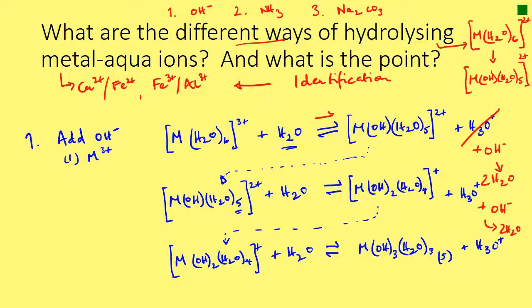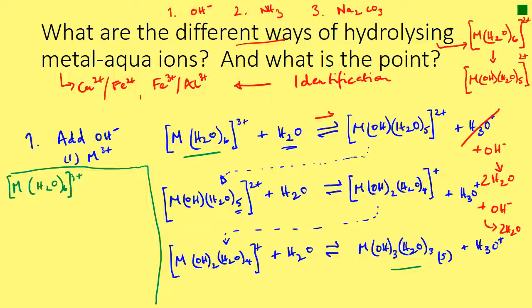And what I will do quickly is the overall reaction, because the overall reaction goes from the starting reactant to the finishing product. I'll just summarize that in this little space that we've got here. We started off with our metal ion with our 6 water ligands, all with a 3 plus charge, and we reacted it with 1, 2, 3 water molecules, and that is in equilibrium with our final product here.